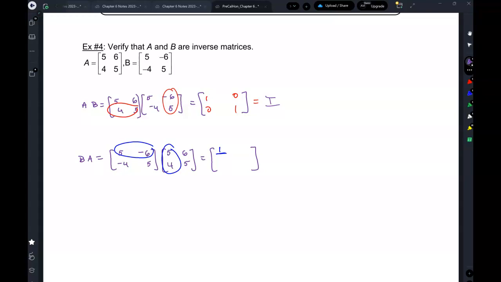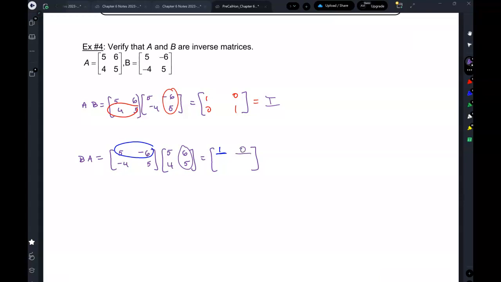In this matrix, this is row 1 column... I don't get how did you multiply 5 by 5 and then... Okay, so now, row 1, column 1. You take row 1, column 1. Same as this, row 1, column 1. First with first. These two go together, 25. These two go together, negative 24. So the first one's 1, okay? Okay, so next one here, we're going to get what?